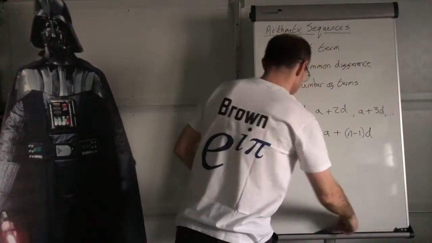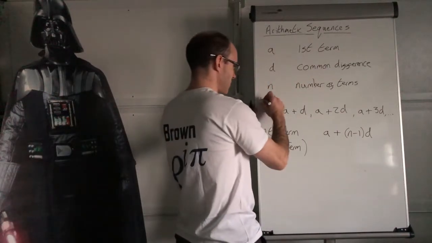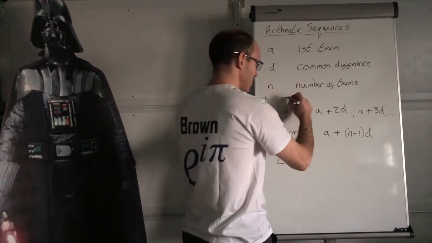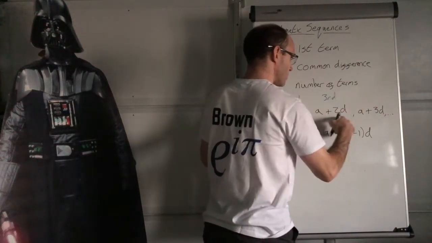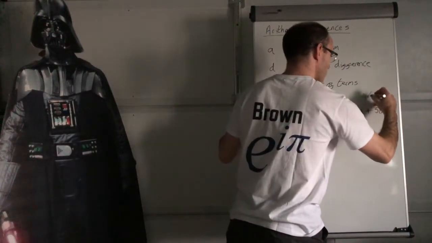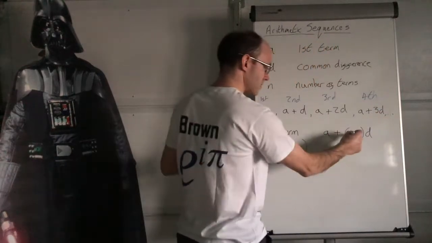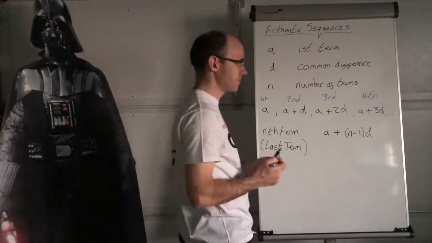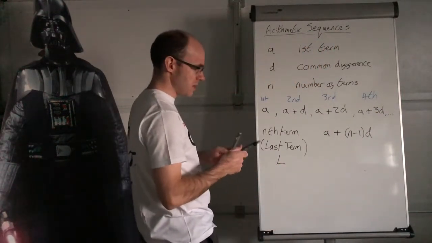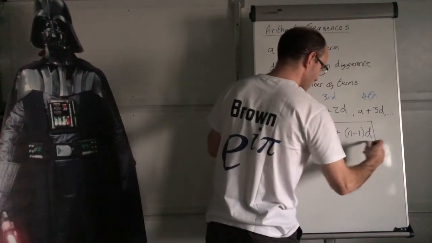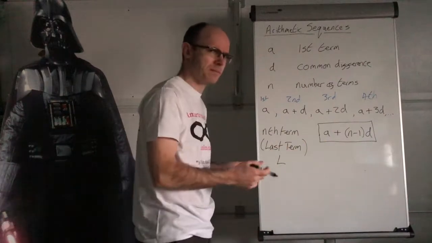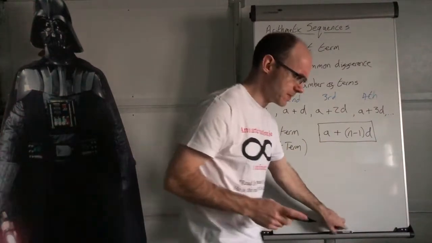I'll show you why. So, first term, 0D. Second term, 1D. Third term, 2D. Fourth term, 3D. Nth term, (N minus 1)D. You see? It'd be useful that you write this information down, okay? Including that. That's a very handy formula, okay, that you should try and learn, okay?